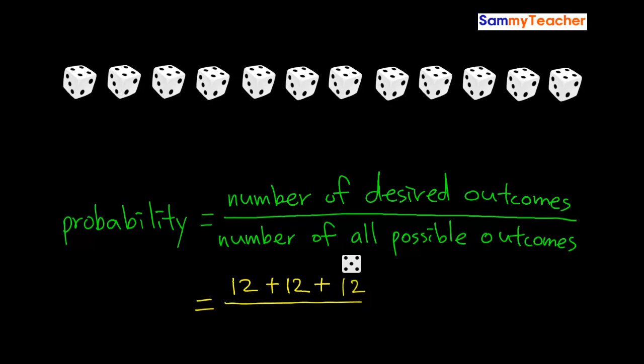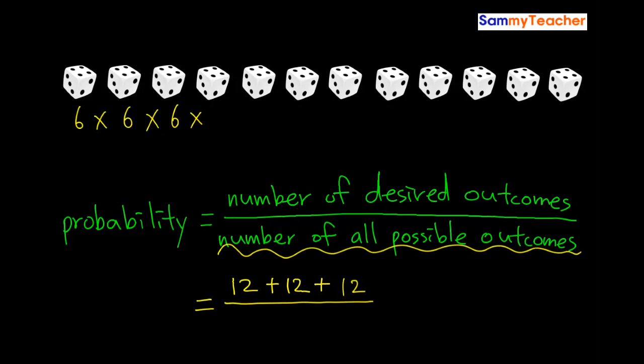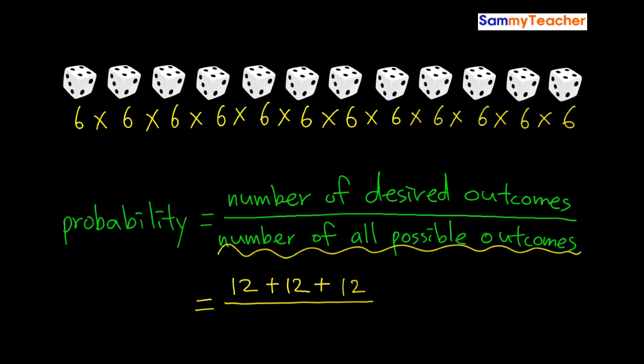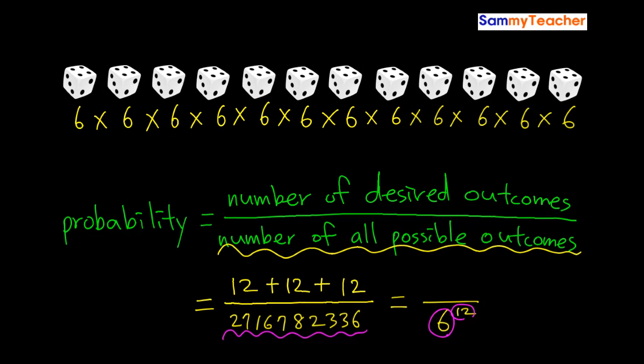And for the denominator, we can get the number of all possible outcomes when we roll 12 dice by multiplying 6 by 6 by 6 by 6 all the way, like this. Now that's a big number. If I ever write it, the number will be this big. So I'd rather write that as 6 to the power of 12, because that means I multiply 6 12 times.